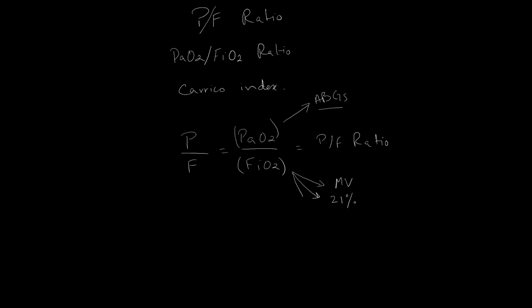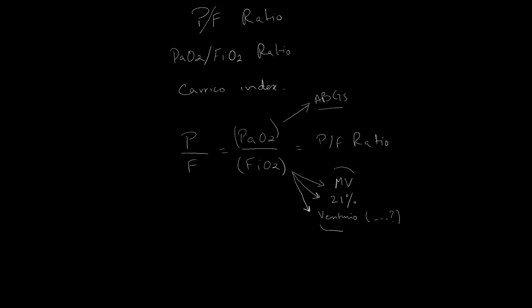And if the patient is on an oxygen source, that is, if the patient is, for example, on a Venturi mask, it is going to tell you how much the FiO2 the patient is receiving. So the oxygen source will determine what the FiO2 is of that patient currently.